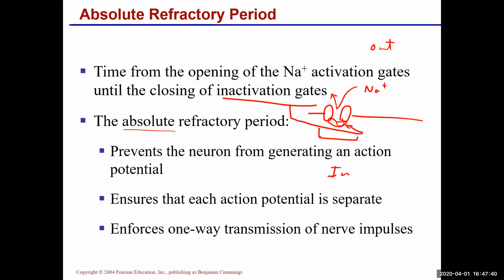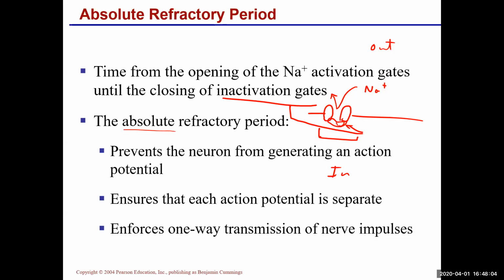It's kind of like that. So it prevents the neuron from generating an action potential. Why do you want to do that? Because you want to complete the action potential. Remember, the signal needs to reach its destination. You don't want any disruption in that, okay? And also it ensures that each signal is separate from one another. So one signal comes in, is fired, and now a second signal could come in.